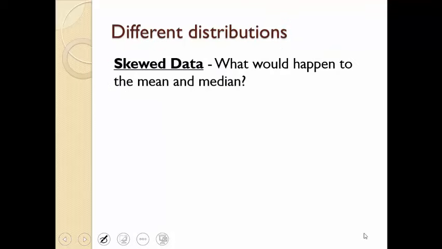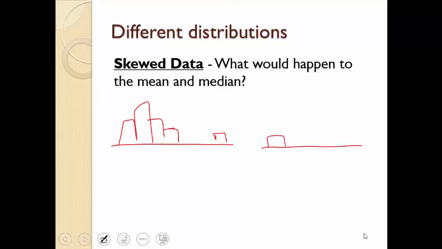Let's say that we have a data set that's heavily skewed to the right, or maybe we have some kind of data set that's skewed to the left, right? So we take a look here. Now, we've got a few observations that are pulling that tail.